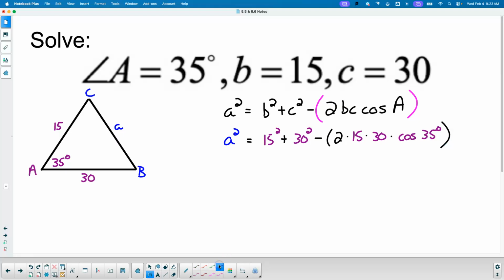I get here that A squared is 387.76316, but that's A squared, so how do I get just A? Square root both sides.